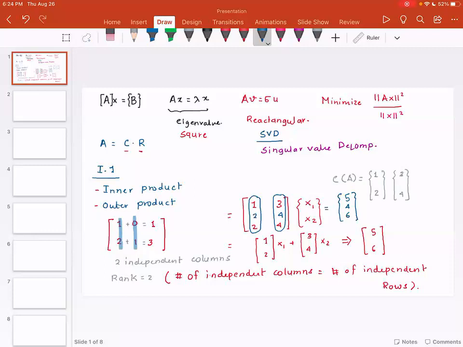Draw a line, vector is drawn. You can extend that to 3 dimensions, x, y, z. Draw a line, that's the vector. But think about 5 dimensions, 6 dimensions, 7 dimensions. We cannot visualize it. But that is what is meant by subspace. That is the space spanned by the vector. That is the space where that vector exists. We may not be able to draw it, but mathematically that space exists.